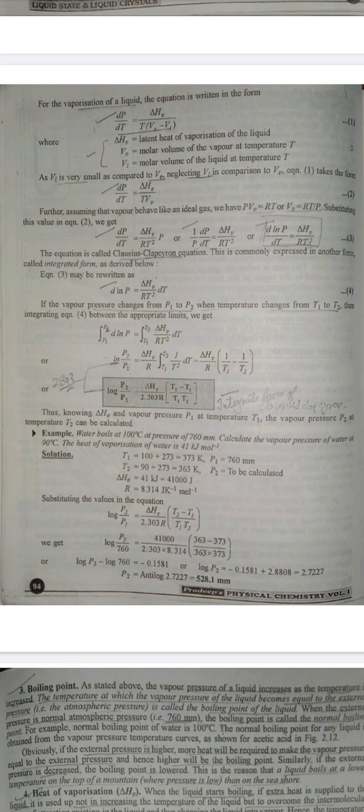Equation 3 was d ln P/dT = ΔHv / RT². This may be rewritten as d ln P = ΔHv / RT² dT, equation 4.